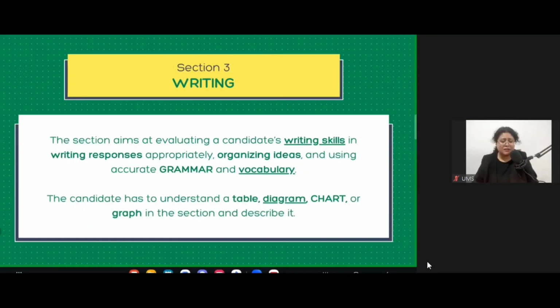Frankly, it's not to do with typing speed much, because if you have a very decent speed, that works absolutely fine. You don't have to be clicking away in a matter of seconds or something like that. Nothing like that. You have plenty of time for writing. 40 minutes for the task 2, 20 minutes for the task 1. That's a whopping 1 hour, right? You have enough time if you do it at a decent pace also.